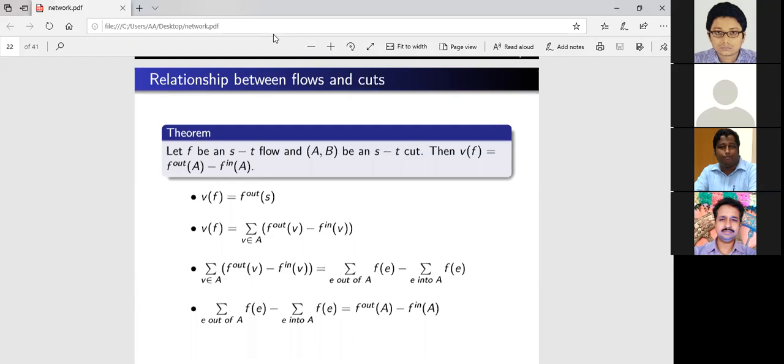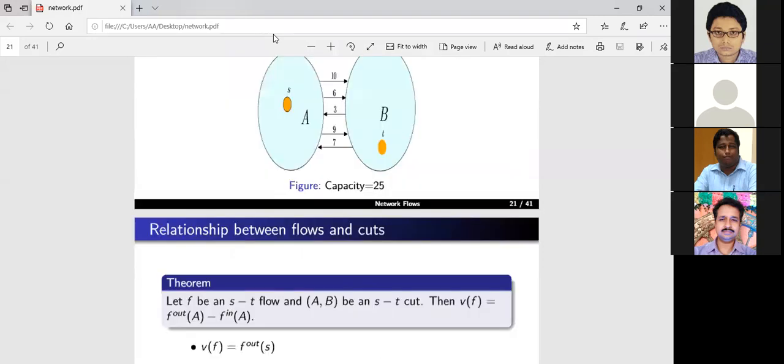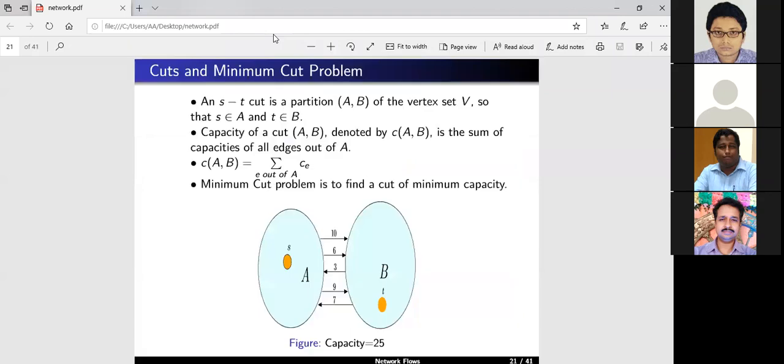If you accept this, you can notionally see that. Just visualize, close your eyes, you have A and B. Instead of capacities, think of these as the flows. What is the amount that is flowing across this?